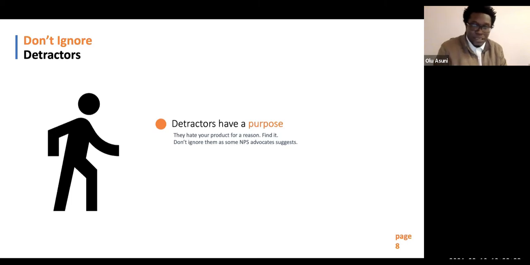But in my experience, I've realized that the detractors hate your product for a reason. Of course, you will find in every area, everything you do, everywhere you go, you'll find people who are unreasonable. I think it's just the nature of the beast. But not everybody is unreasonable. If we put away our feeling of self-importance and we actually listen to people, we realize that there is a justification or a reason for the decisions they've taken.